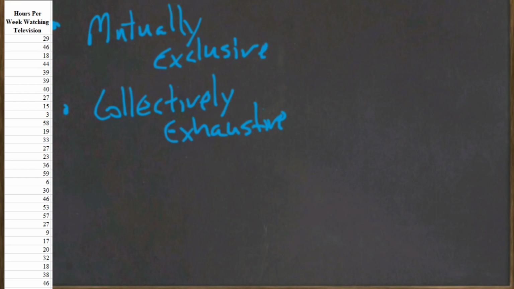We would need to do something like 0 to 12, and then greater than 12 to 24, and then greater than 24 to 36. And the reason I bring this up is that what if we had a number specifically at 12? We would want to be clear that that falls in just one of the bins.